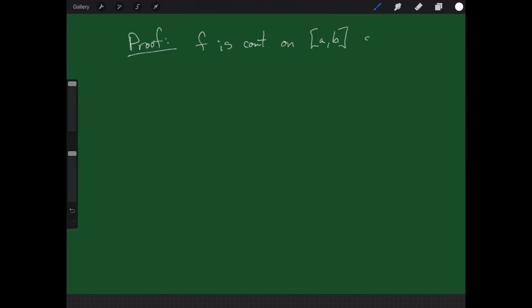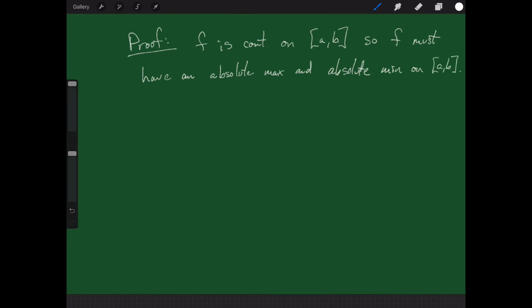So f must have an absolute max and absolute minimum on the interval a to b.